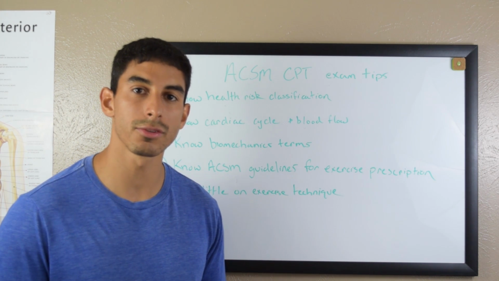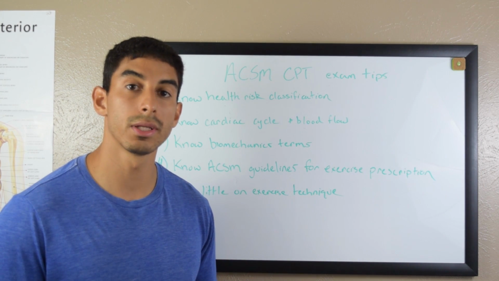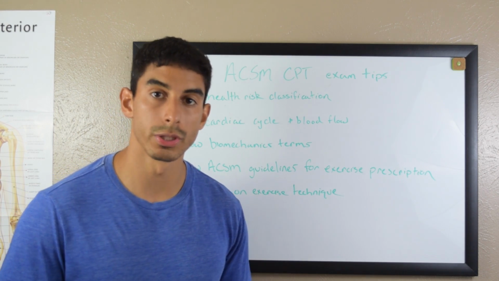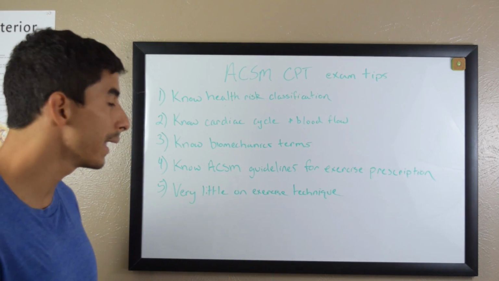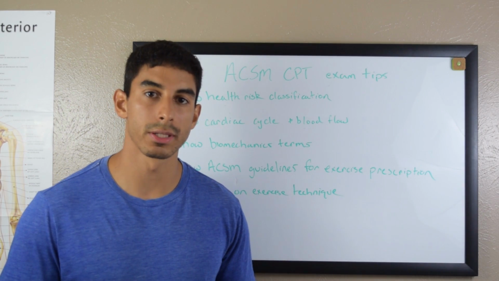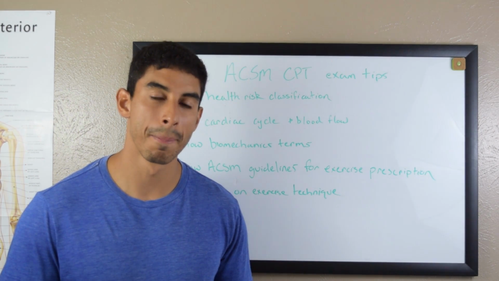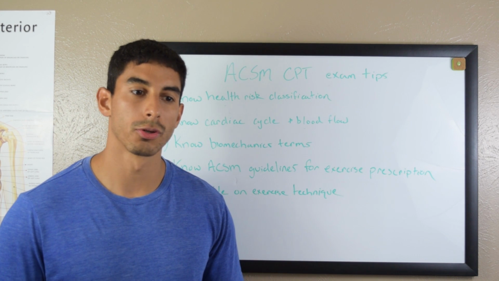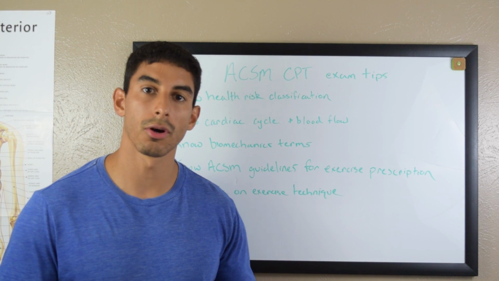You will see several questions where you need to know this health risk classification in order to get the question correct. Next thing is know cardiac cycle and blood flow. I was so surprised how many questions I saw on the exam that included cardiac cycle and blood flow. So what I mean by blood flow is the heart's blood flow.